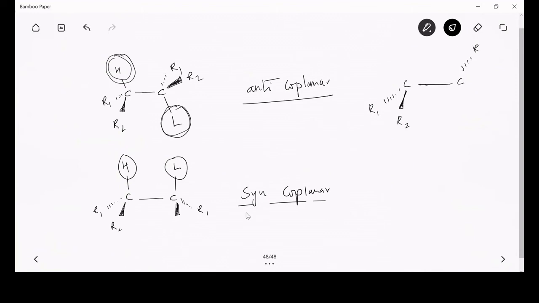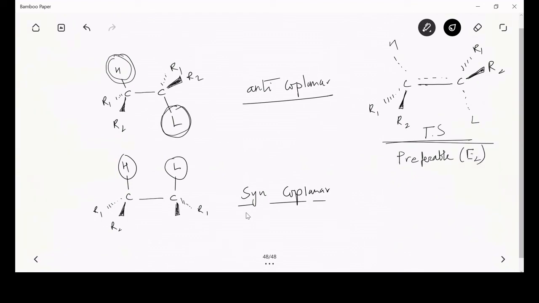It is not that the other conformation will not go to form product, it will form product, but it will be less favored compared to this one. This transition state having anticoplanar orientation of the leaving group and the proton is much more favored. This is preferable for E2 reaction.